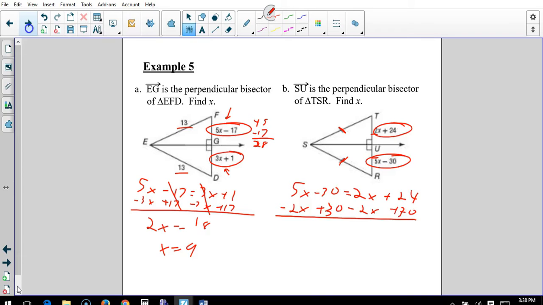You do this in 2 steps or 1 step, whatever you're comfortable with. The 30's cancel, the 2x's cancel. I get 3x is equal to 54. Divide by 3, x equals 18. And if we plug it back in, we find out that they are, in fact, equal to one another.